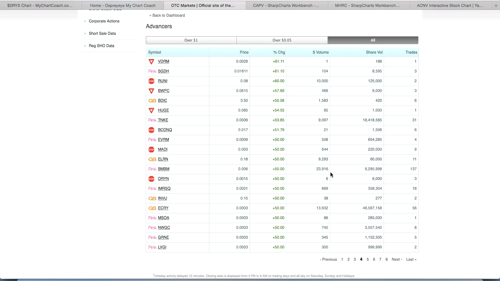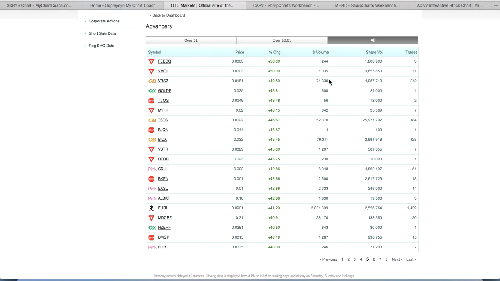Maybe sometimes those are just setting up and it's a bounce play and it's at the bottom. You need to check the pattern. But you come here and you're like, oh, this EURI, that's another one that I've been posting updates on in the chat. And you see, look, it has 2 million in volume. It's a penny stock with 2 million in volume, and it's over the counter. It's up 41%.